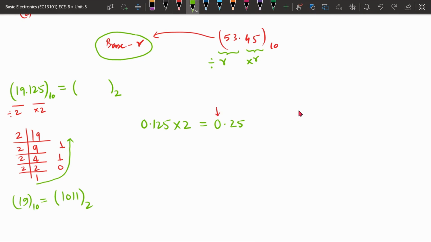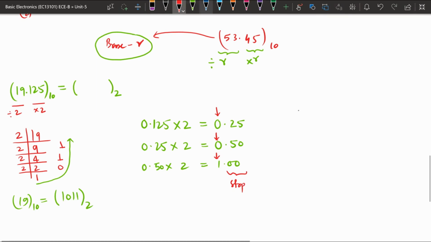Again we multiply the remaining fractional part, 0.25, by 2, and it will be 0.50. So the next binary digit will be this 0, and the remaining fractional part we will multiply again. Now it is 1.00. The next one will be this bit 1. We need to stop when we get the fractional part 0.